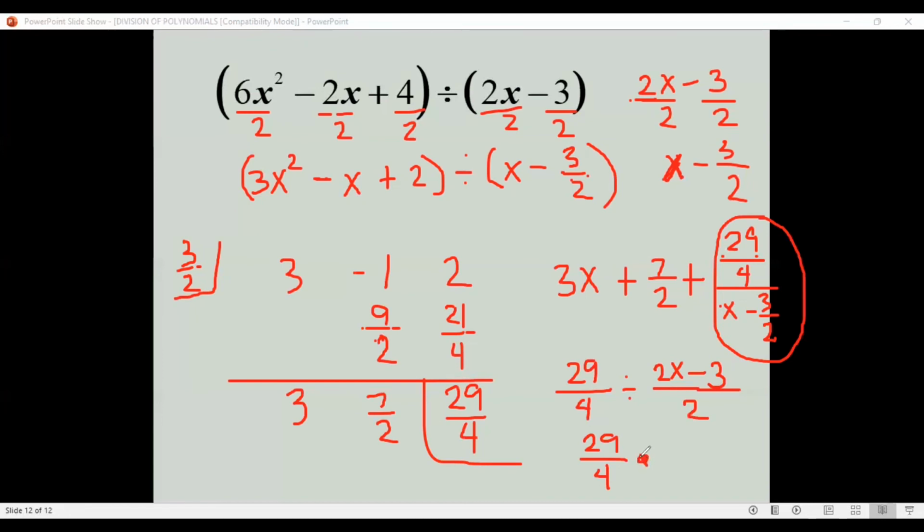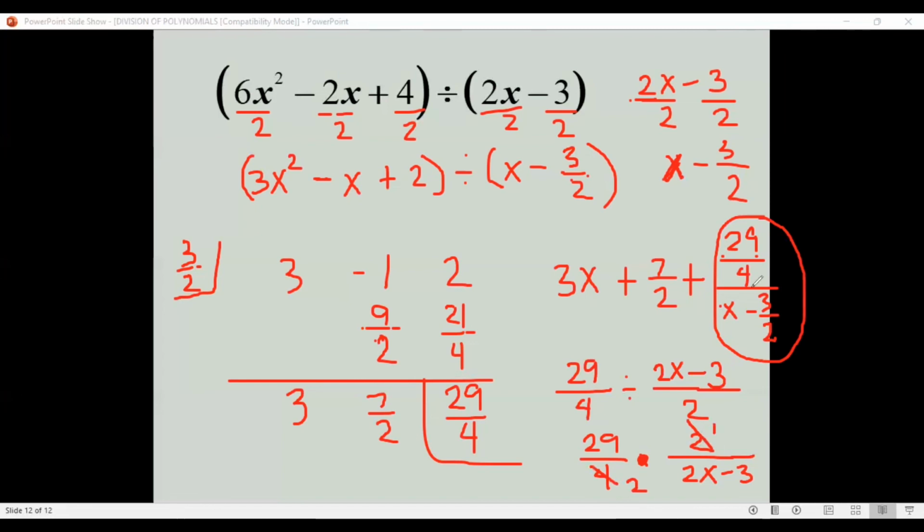So I will be using the dot for the multiplication, and then 2 over 2x minus 3. Okay, so with the cancellation process, we can actually cancel the 2 with the 4, making this equal to 2, and then the other 2 becomes 1.